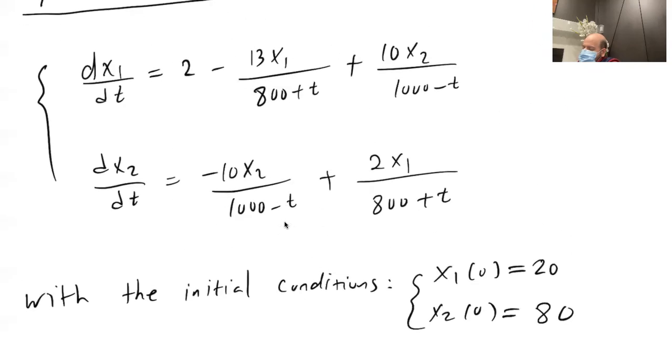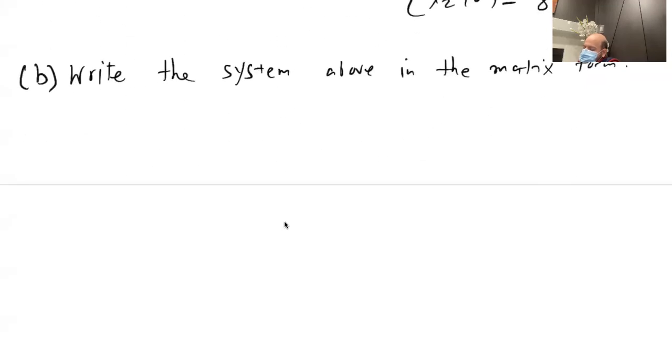If you want to write in the matrix form, we can define a vector x, which consists of two entries, x1 and x2, unknown functions as usual. So x is equal to x1 of t and x2 of t. So this will be basically x of t because each entry is a function of t. So this will also be a function of t.